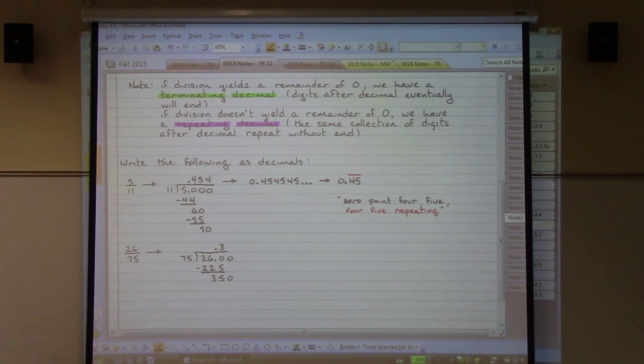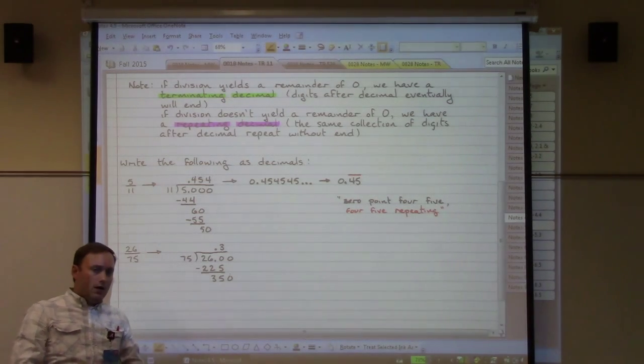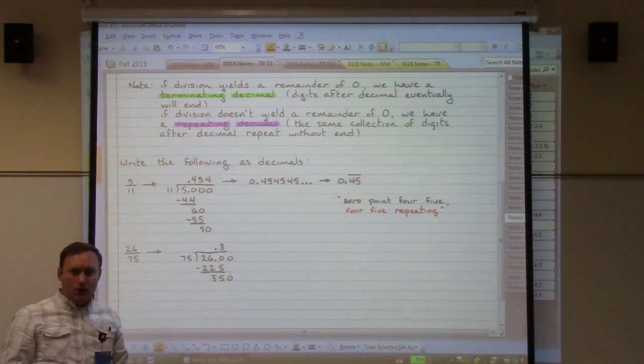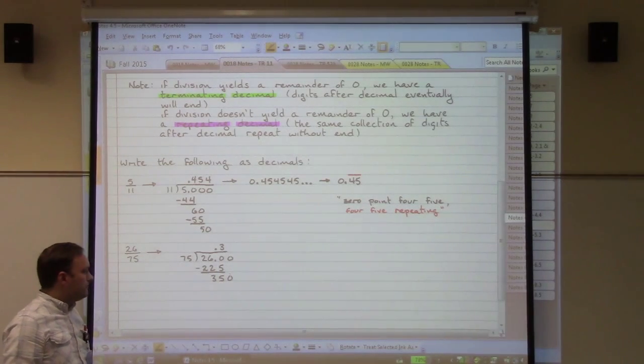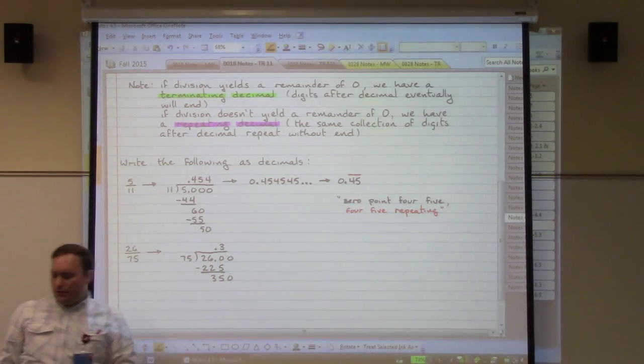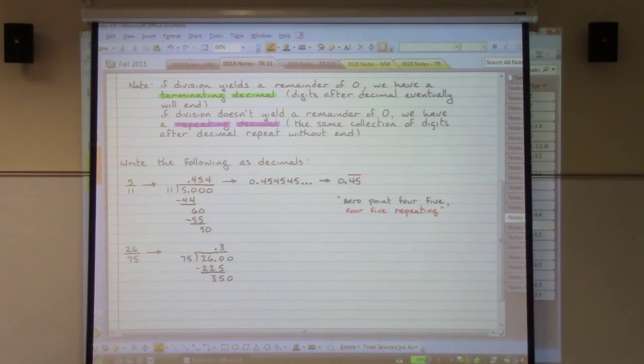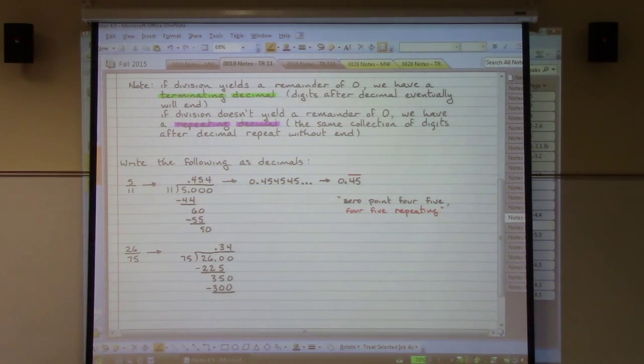So throw an extra 0 in there so that we can keep on going. Either A, hoping for a 0 remainder, or B, hoping to see some repetition. 75 goes into 350 4 times. Get a remainder of 50.